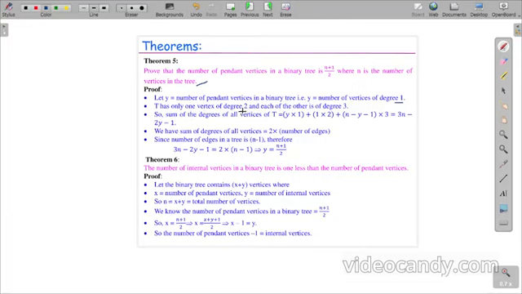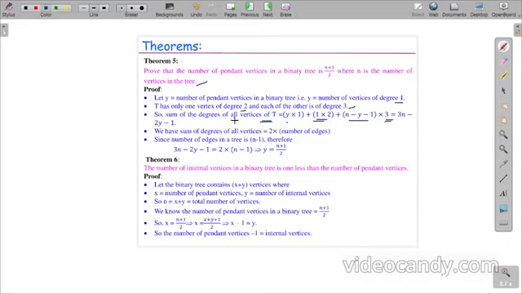T has exactly one vertex of degree 2 and each of the other vertices is of degree 3 or 1. So the sum of the degrees of all vertices of T equals y into 1, because y pendant vertices are there, plus 1 into 2, because in a binary tree there is only one vertex of degree 2, and the rest, n minus y minus 1 vertices, are of degree 3.